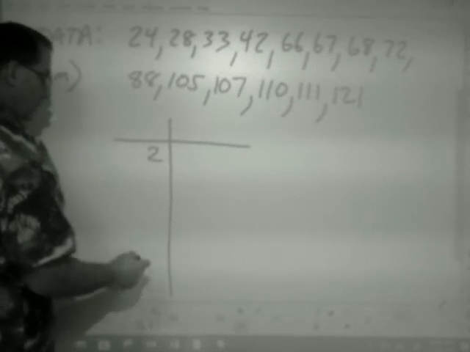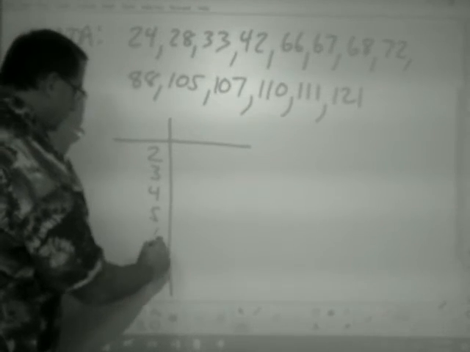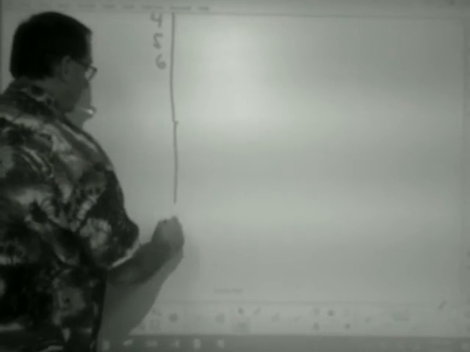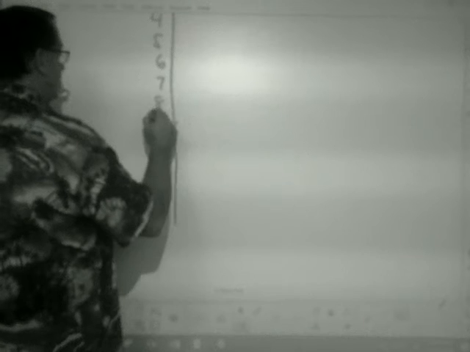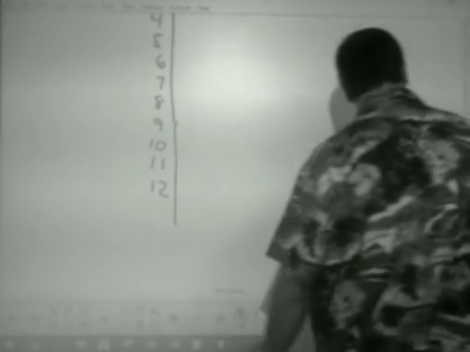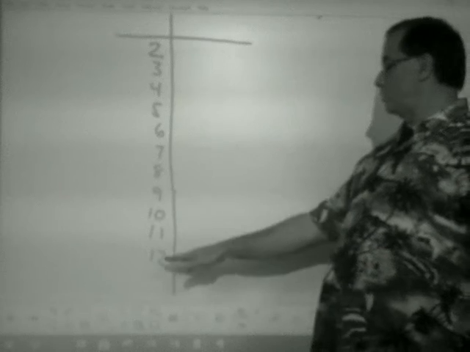So I'm going to need a lot of room here. 2, 3, 4, 5, 6, 7, 8, 9, 10, 11, 12. Now, some of the ones you see in your textbook might start out at 12 and go down to 2.